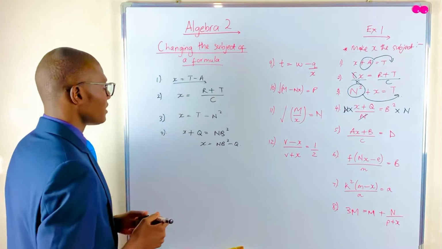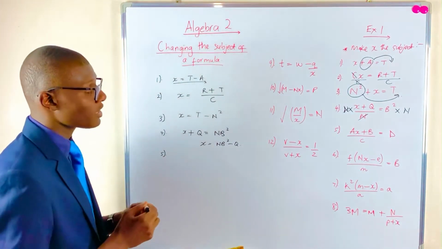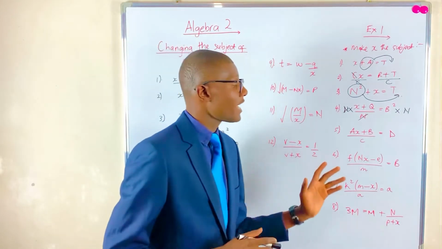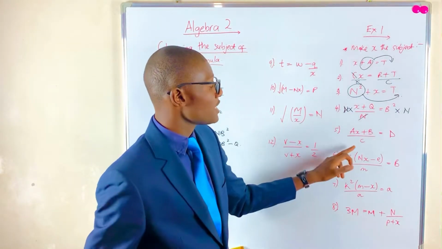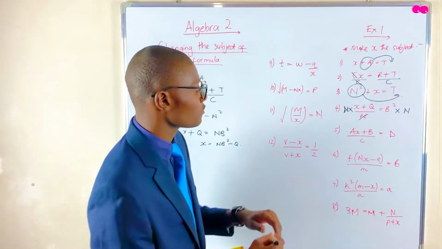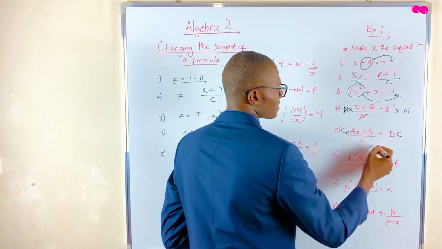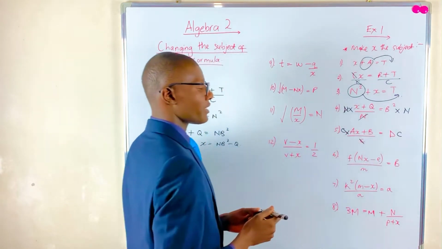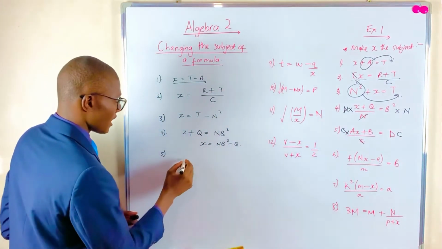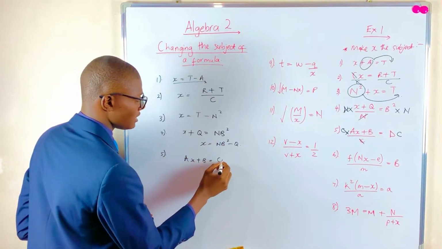Simply that. And now for number 5, we've got ax plus b over c being equal to d. First of all, we get rid of the denominator by multiplying both sides by c. And then we've got ax plus b being equal to cd.